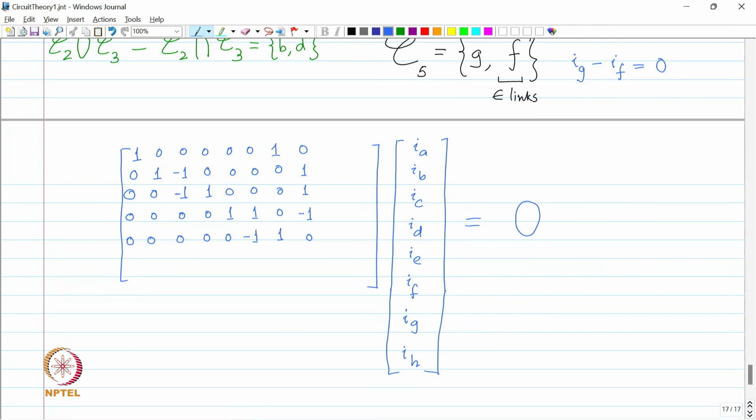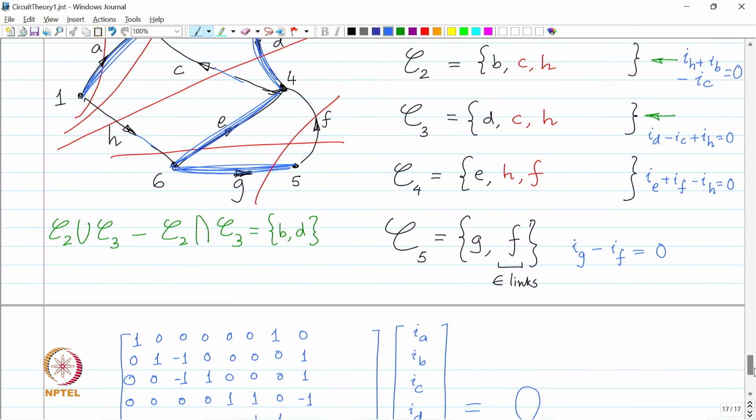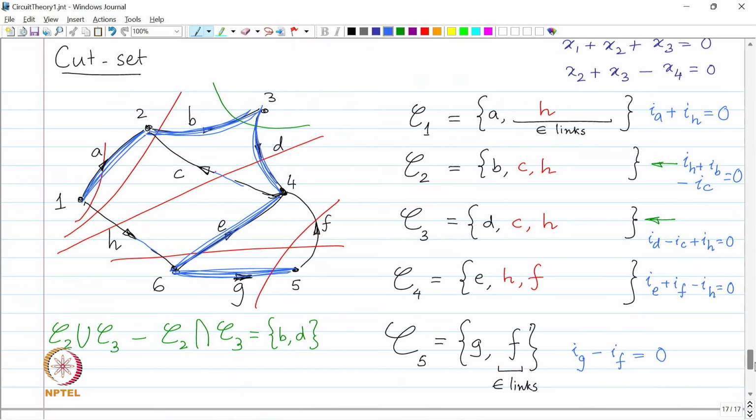Okay. So, the claim is that this matrix is linearly independent and has rank 5. Fine. All other equations will be derived from these, right.